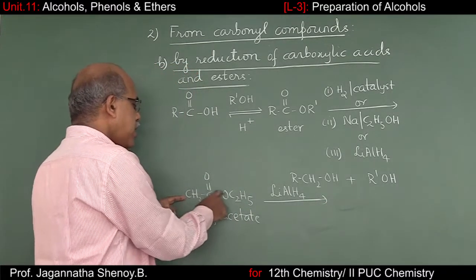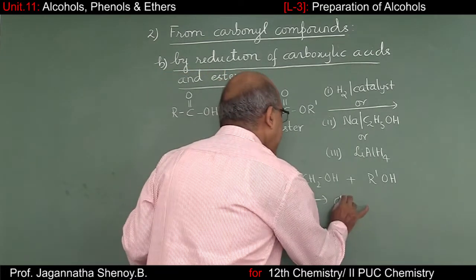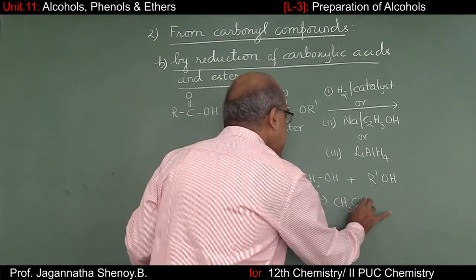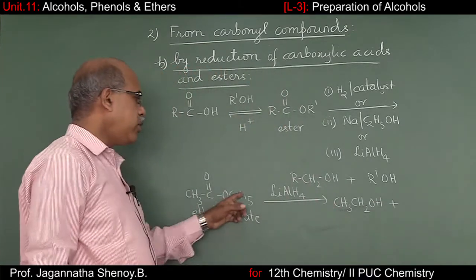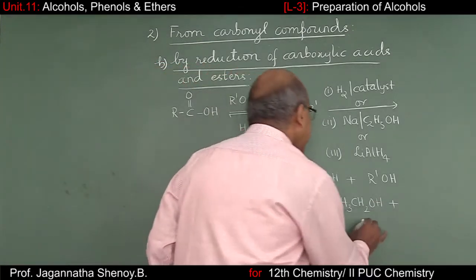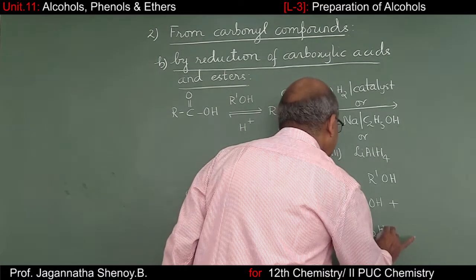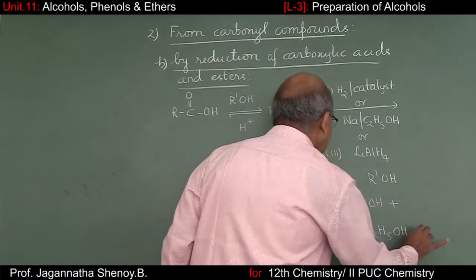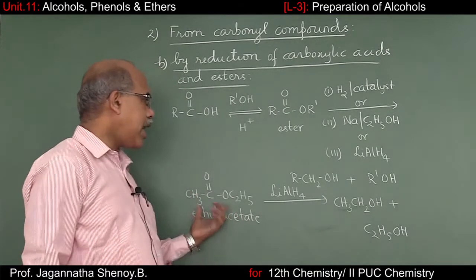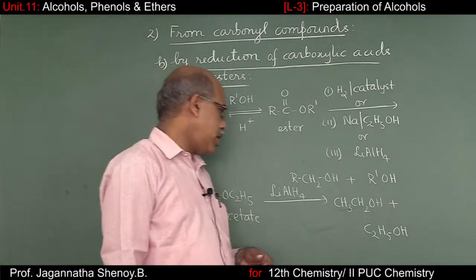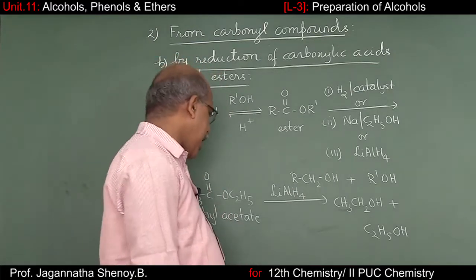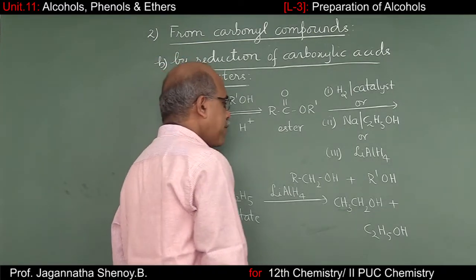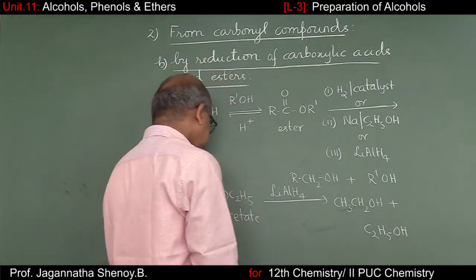Corresponding to CH3COO part, I will get CH3CH2OH, and corresponding to the C2H5, I will get C2H5OH. Or in other words, ethyl acetate, when undergoes a reduction, will give you 2 molecules of ethyl alcohol. So that I am going to represent it like this.